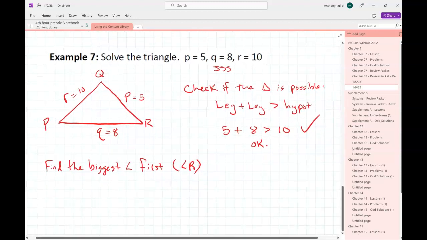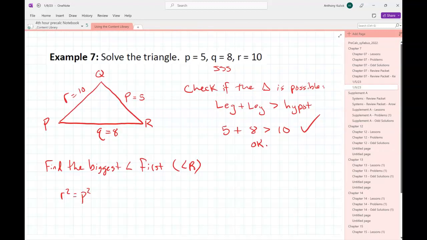Okay. So if I rewrite my law of cosines using P, Q, and R, I have this. Now, my suggestion to you is let's not actually fill any numbers in here yet.